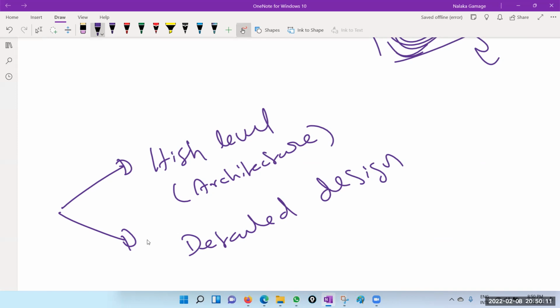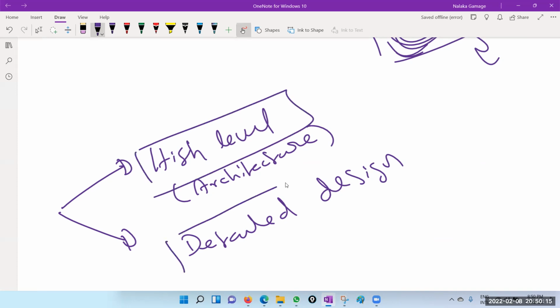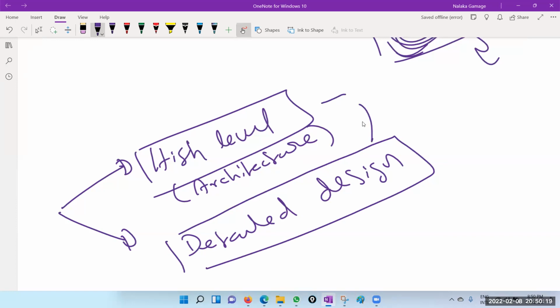So come up with the architecture and then do the detailed design. And again, these architectures and designs depend on the way you develop. Remember, we have the structured software development approach and the object-oriented approach.